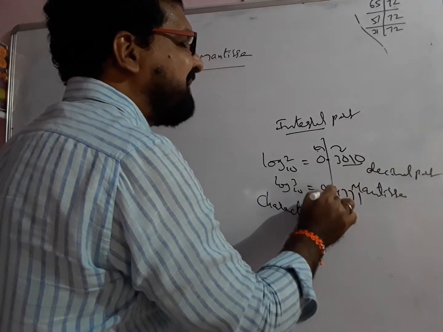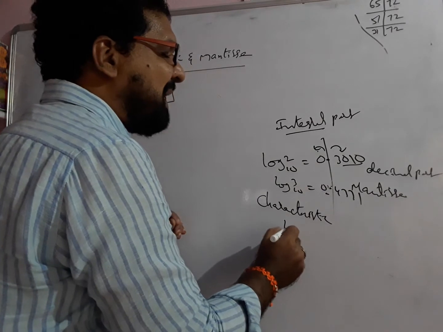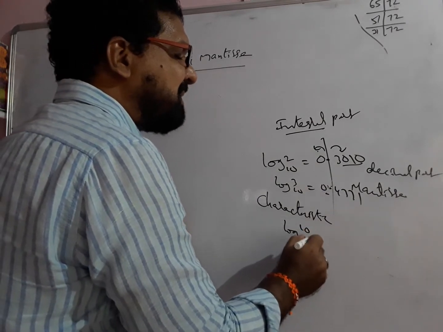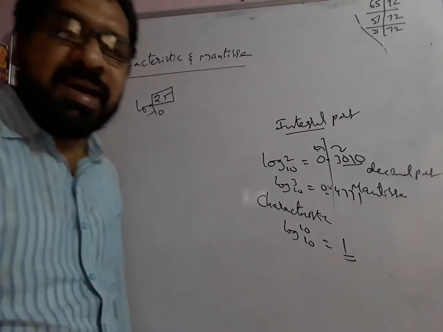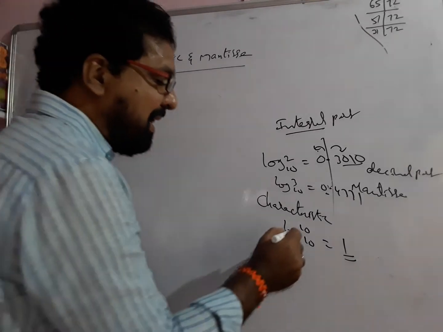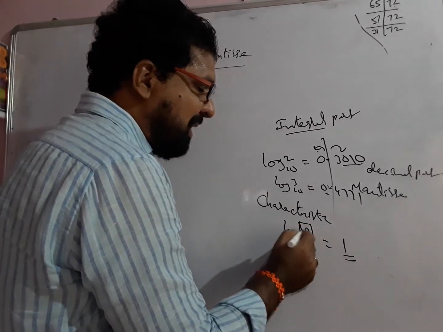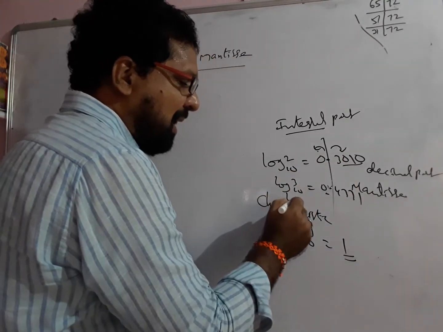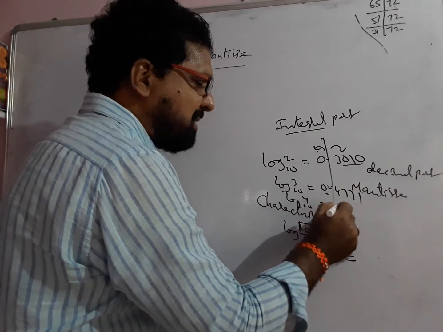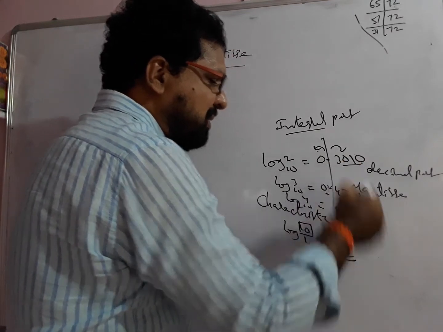Here also the characteristic is 0 only. Whereas log 10 to the base 10 is equal to 1. Here the characteristic is 1. Here the number of digits is changing, so the characteristic is also going to change. Log 4 to the base 10 is also 0.6020, like that.